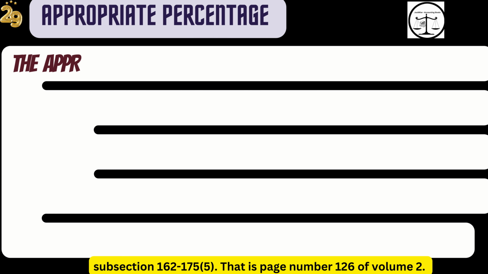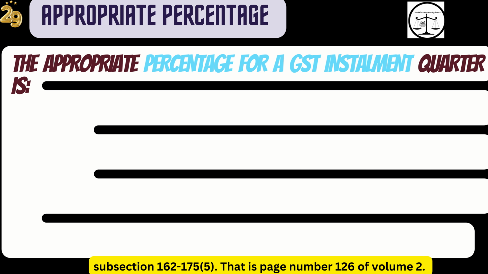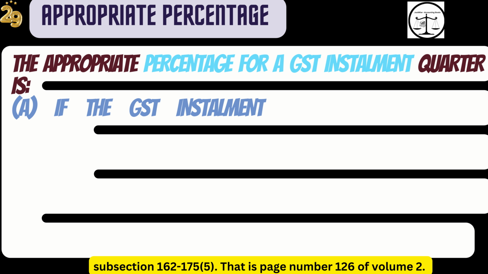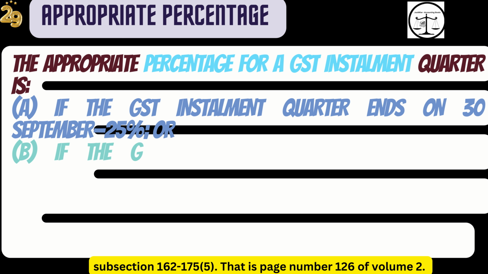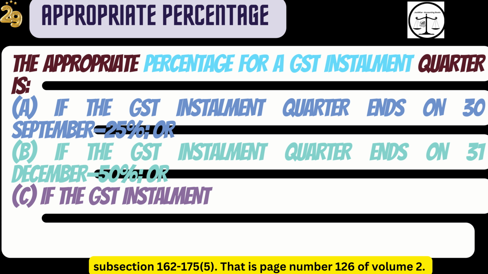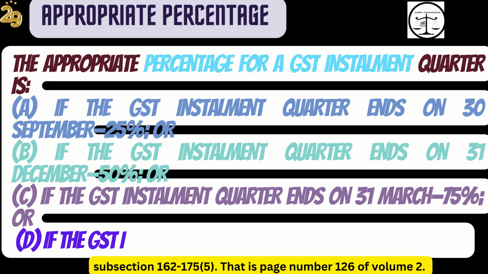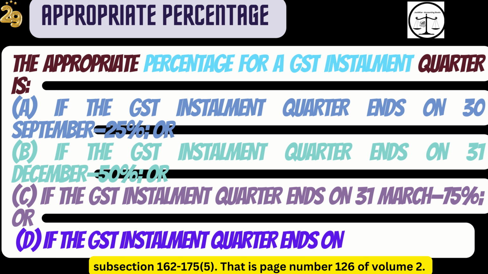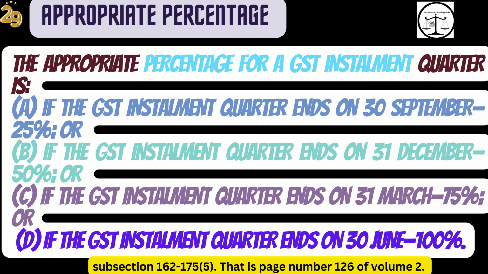The appropriate percentage for a GST installment quarter is A. If the GST installment quarter ends on September 30th, 25%, or B. If the GST installment quarter ends on December 31st, 50%, or C. If the GST installment quarter ends on March 31st, 75%, or D. If the GST installment quarter ends on June 30th, 100%.